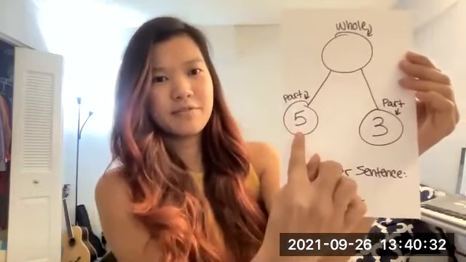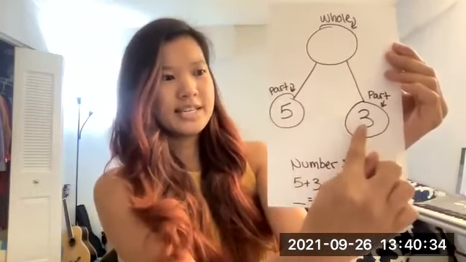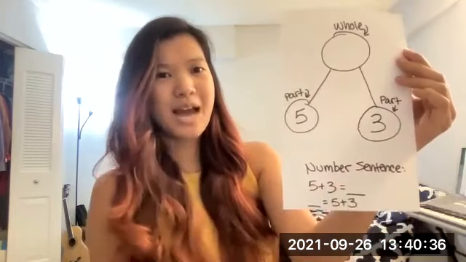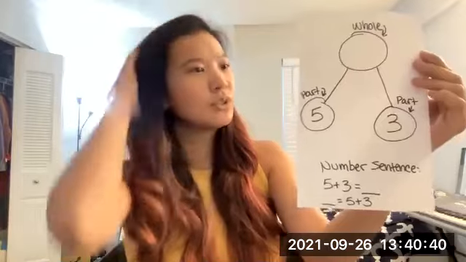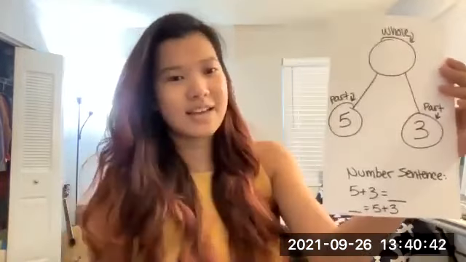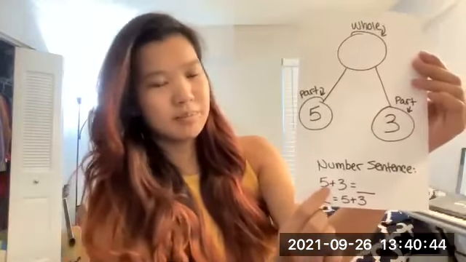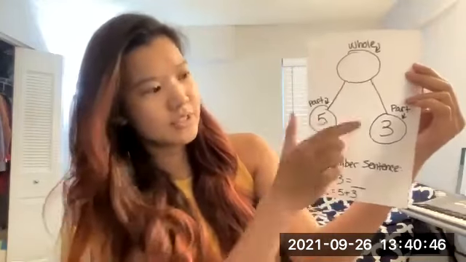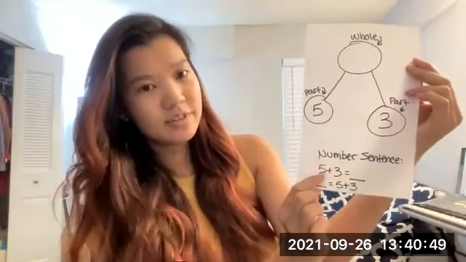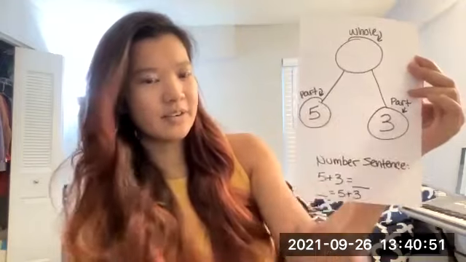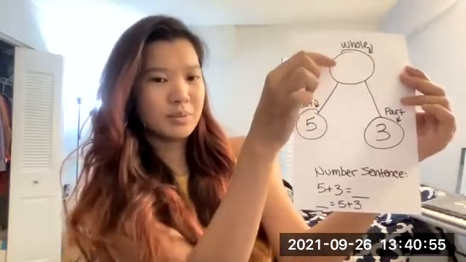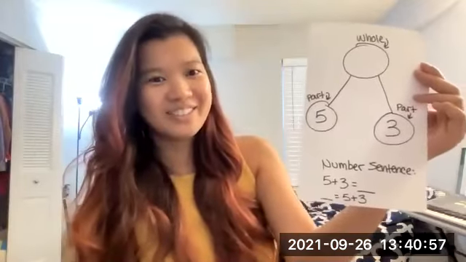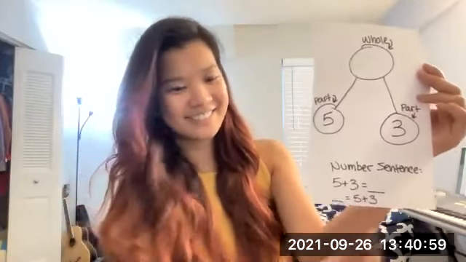So if you add 5 and 3 using any of our addition strategies, you can get 8 as your whole. So the number sentence would look like this for this number bond. We have 5 plus 3, adding our two parts together, equals our unknown number, which now that we've added on, we know is 8.